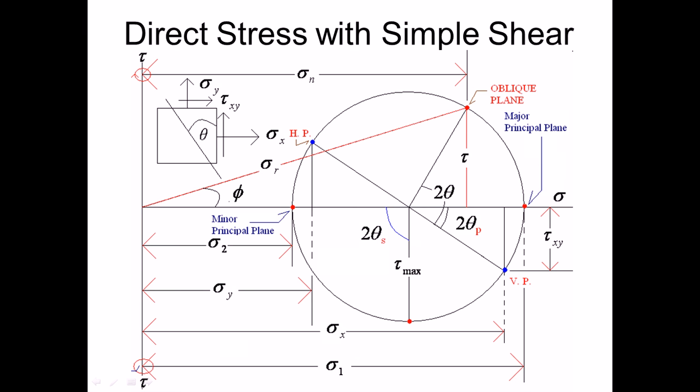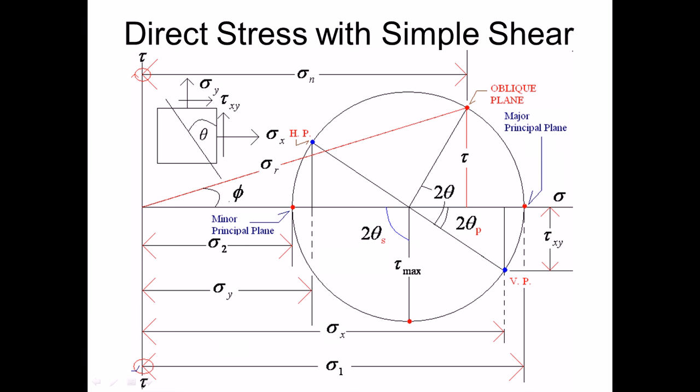One more point is added here, direct stress with simple shear. Here the shear stresses are acting in the vertical plane and horizontal plane. So in this type of case, how to draw the Mohr circle? The basic fundamental principle is that all the tensile stresses are taken along the x-axis and all the shear stresses are taken along the y-axis. If the shear stress tries to rotate the block in a clockwise manner, then you have to go toward the positive y-axis.